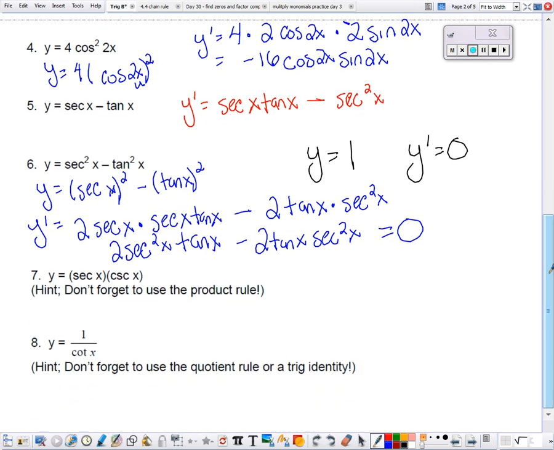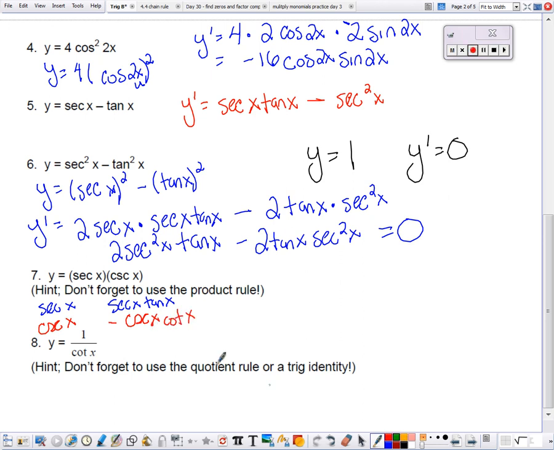Okay, so for number 7, we have to use the product rule. So for the product rule, secant, the derivative of secant is secant tangent. And then we have cosecant, and the derivative of cosecant is negative cosecant x cotangent x.